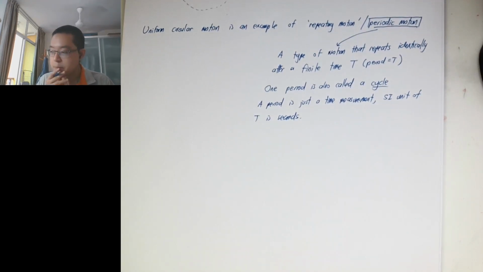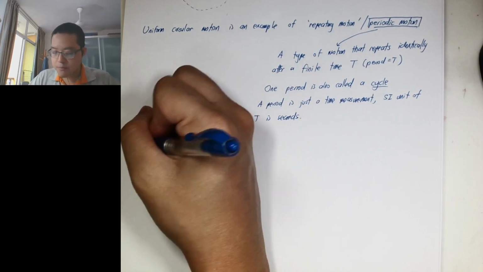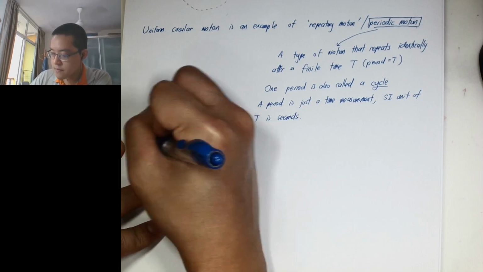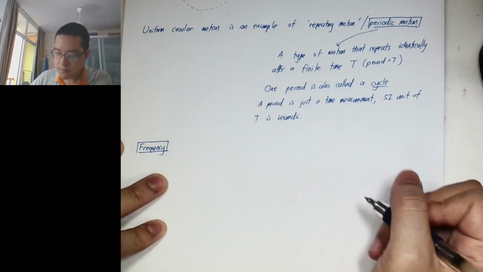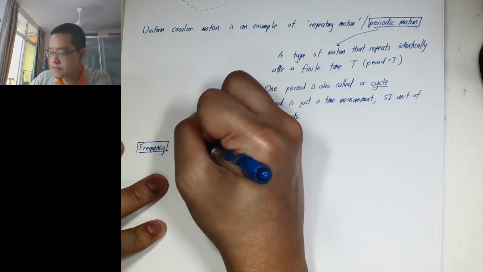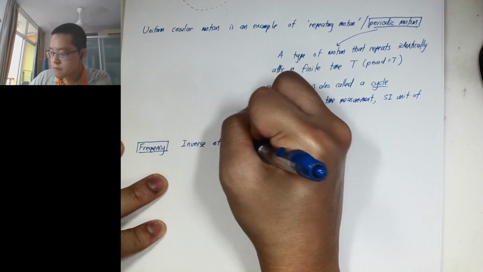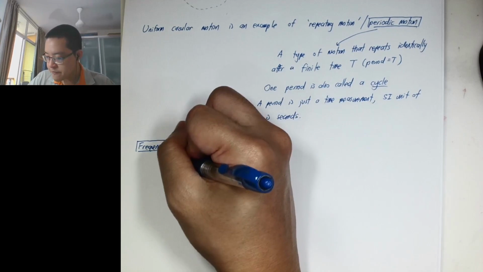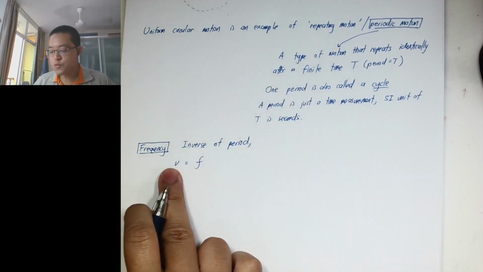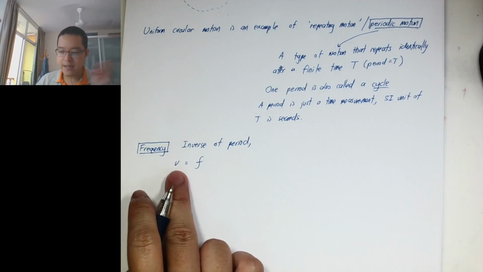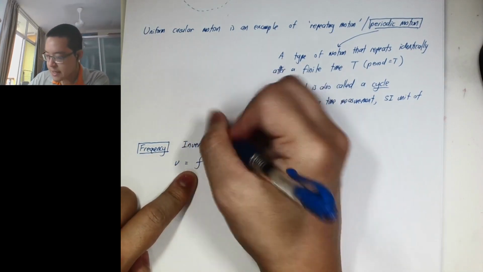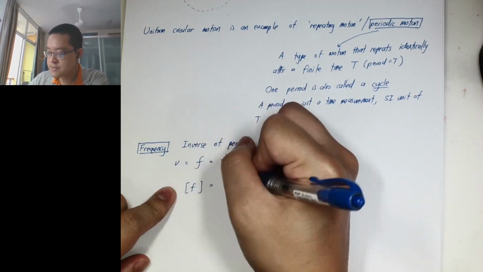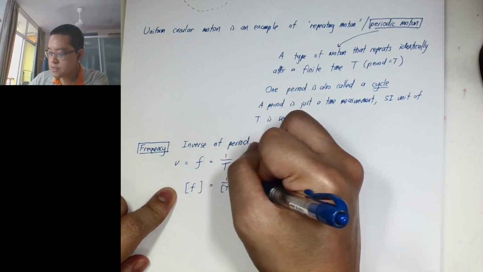So that is the concept of the period we have learned before, so I'm just reminding you. But there's something else that we will now focus on more frequently, which is the frequency. Frequency is just 1 over period, so it's the inverse of period. Usually we call frequency f, but sometimes they use the Greek letter nu. It looks like v, but it's another letter, so to avoid confusion we call this f, which is 1 over T. Therefore the unit for frequency is 1 over time, or T to the minus 1.